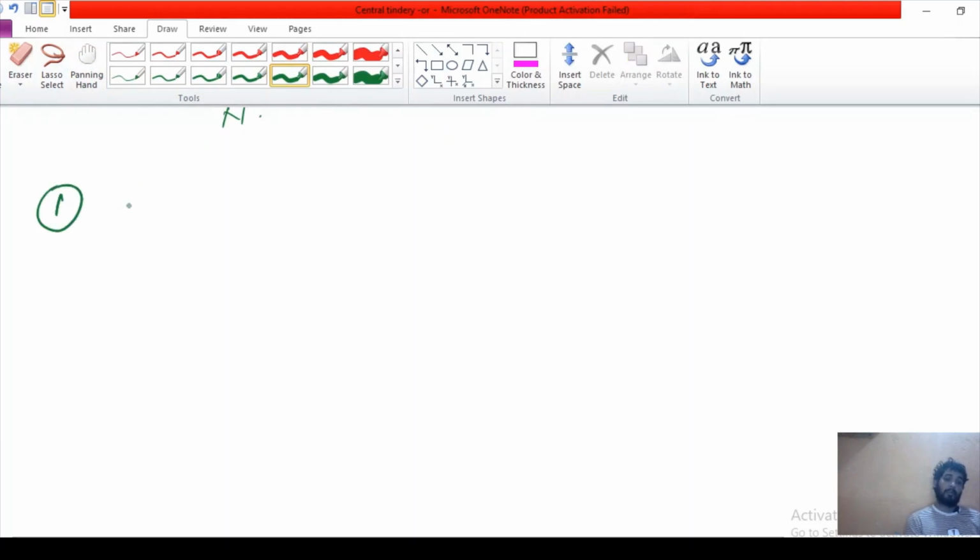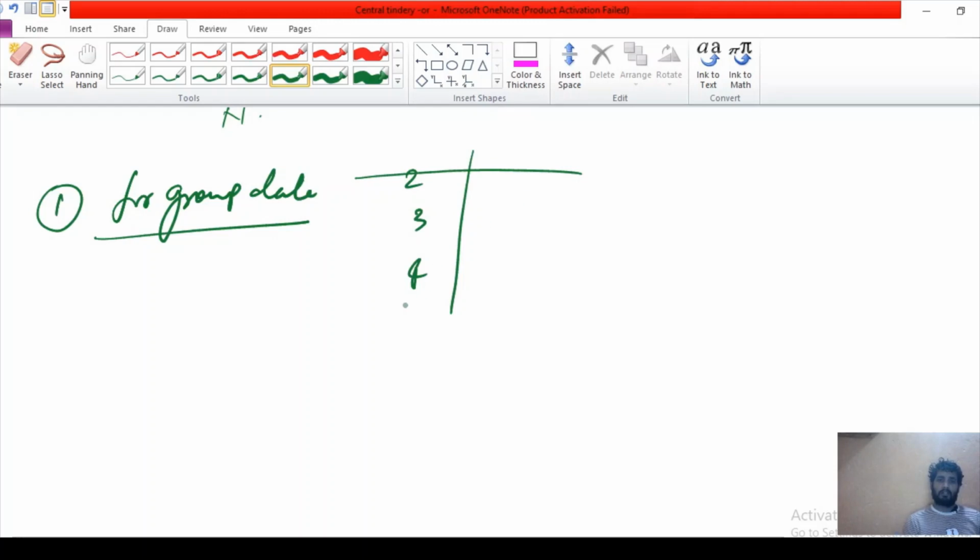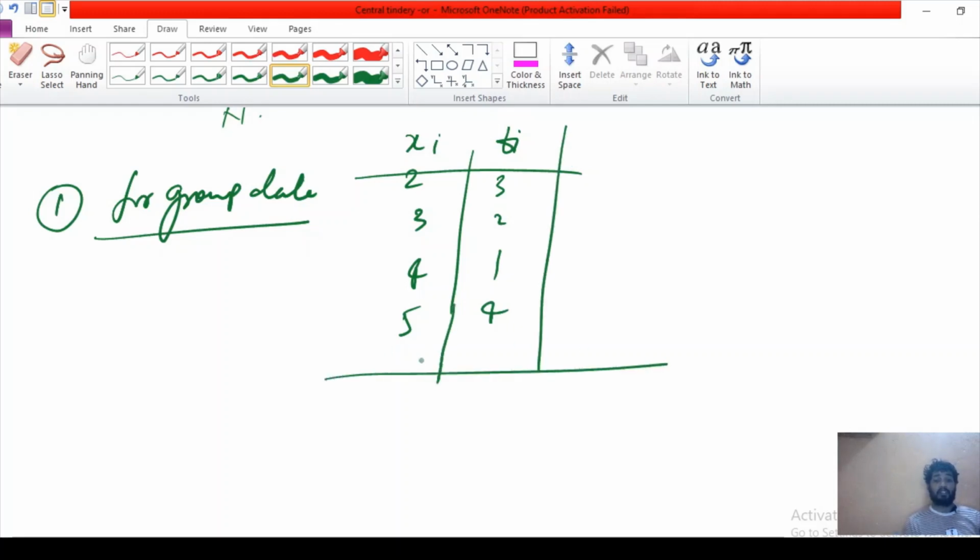For example, for grouped data, for 2, 3, 4, 5, and this is our xi, and corresponding frequency 3, 2, 1, 4. So before finding the variance, first find the mean, and we have found the mean very well.